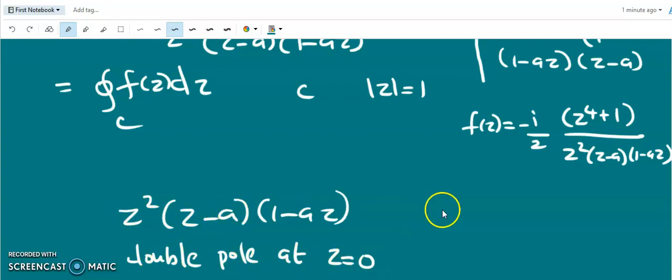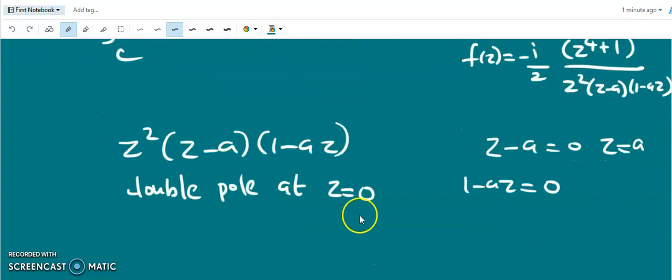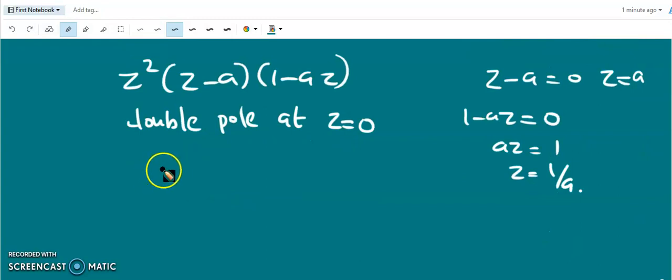So the other poles are z minus a equal to 0, that is z equal to a, and the other one is 1 minus a z equal to 0, that is a z equal to 1, and z equal to 1 over a. But in the question it is given that a square is less than 1.